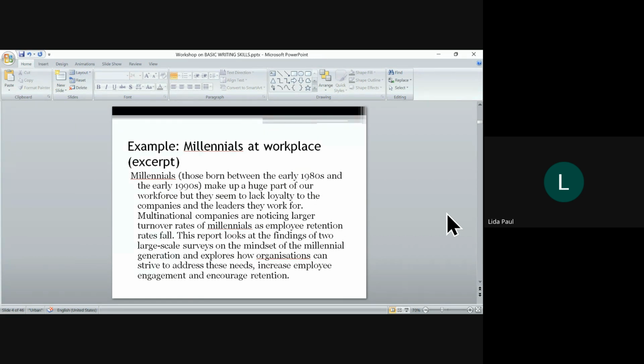Just look at this excerpt on screen and read that. Just take a minute and read that, and you tell me what you think is the topic sentence for this paragraph. Just read it quietly and tell me what you think among the, I think, three sentences that you have here. Which one do you think is the topic sentence?